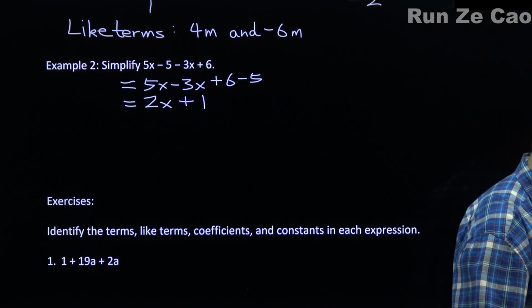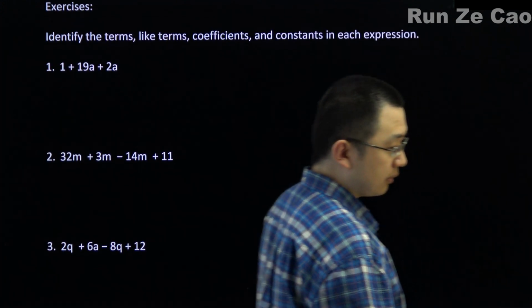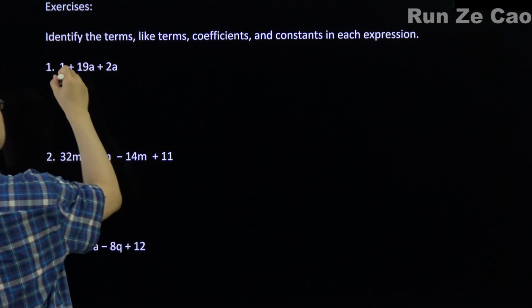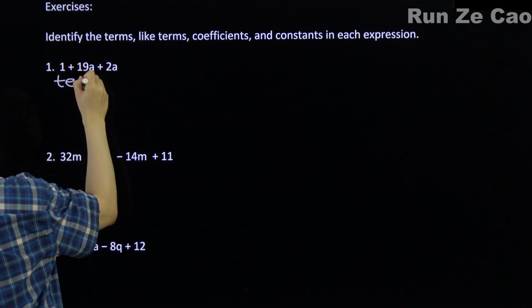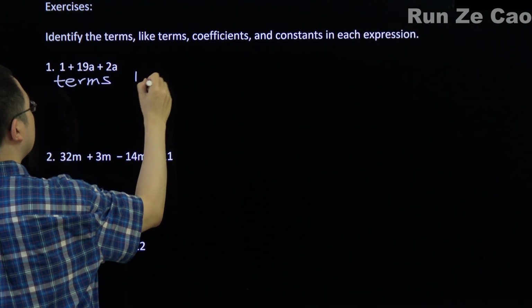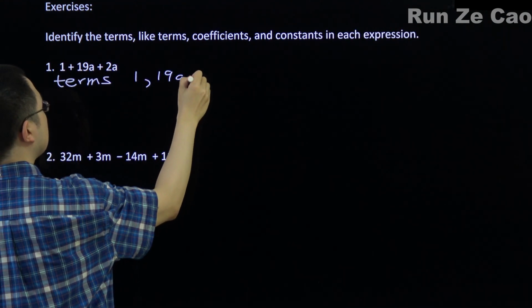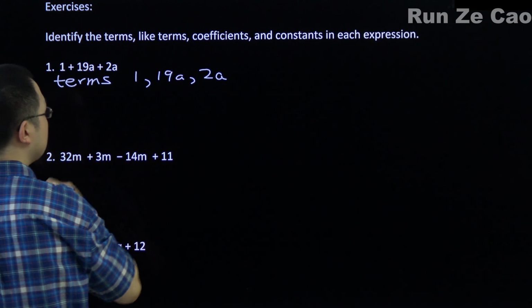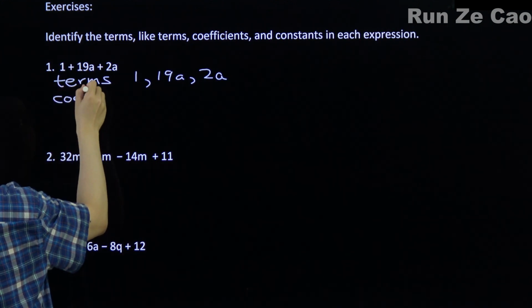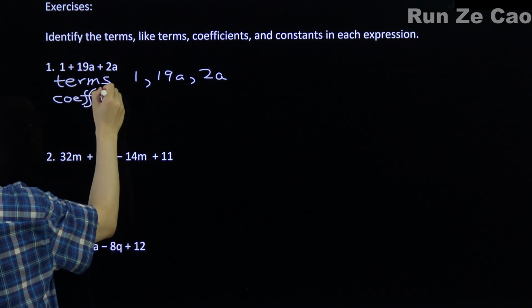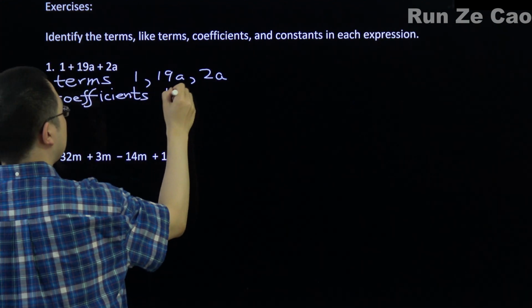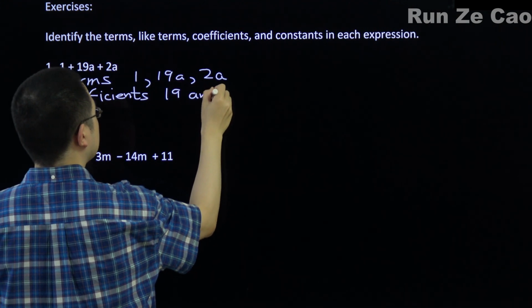Let's identify the terms, like terms, coefficients, and constants here. Terms: 19a, 2a. Coefficients are 19 and 2.